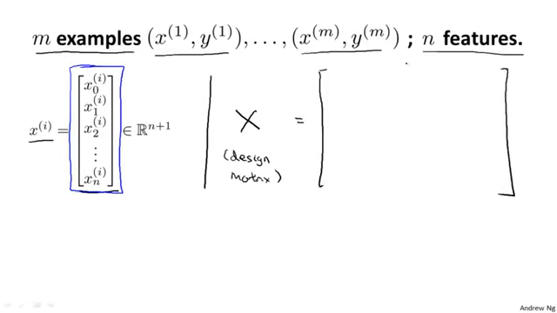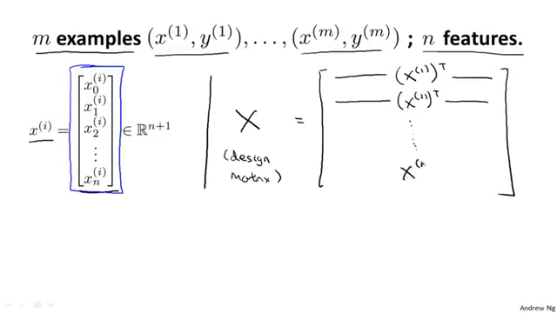I'm going to take the first training example, which is a vector, take its transpose, so it ends up being this long flat thing, and make x1 transpose the first row of my design matrix X. Then I'm going to take my second training example, x2, take the transpose of that, and put that as the second row of X, and so on, down until my last training example, take the transpose of that, and that's my last row of my matrix X. And so this makes my matrix X an m by n plus 1 dimensional matrix.